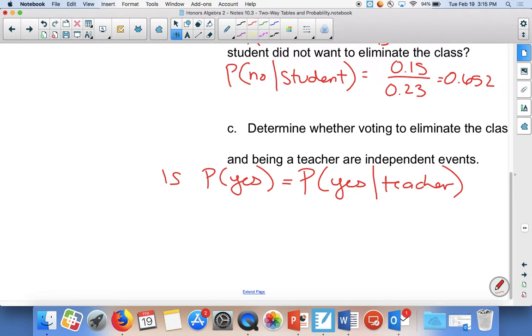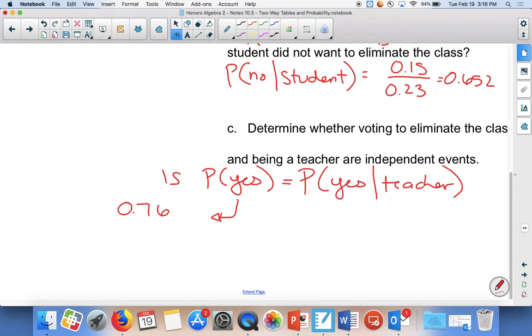So let's calculate that. The probability of saying yes is just your total that you wrote down. That's 76%, which comes from the table.